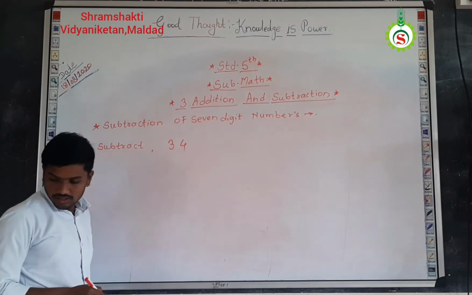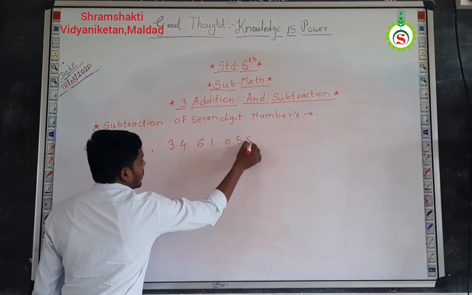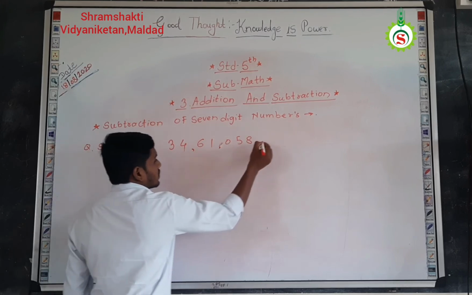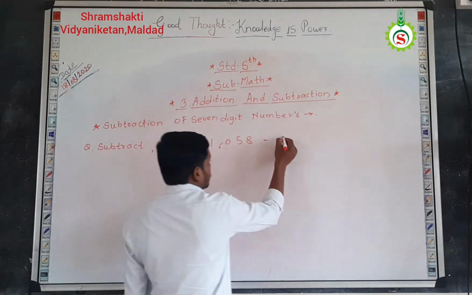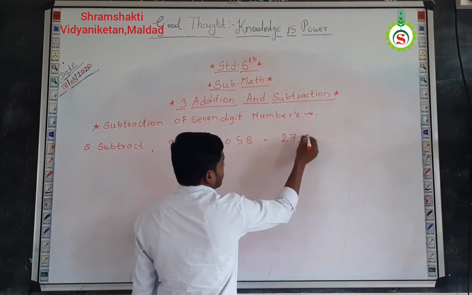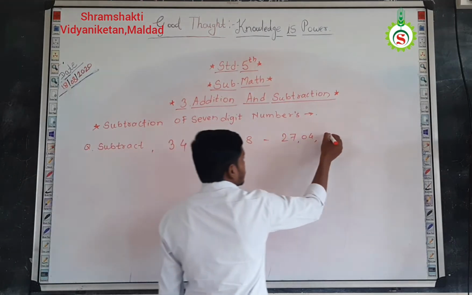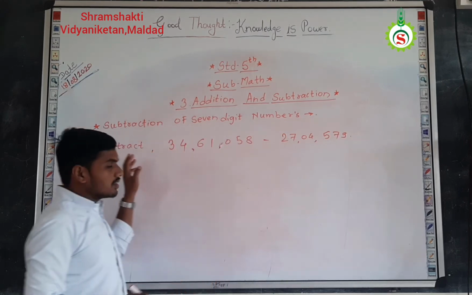So 34,61,050 minus 27,04,570. Okay, so that is the number.